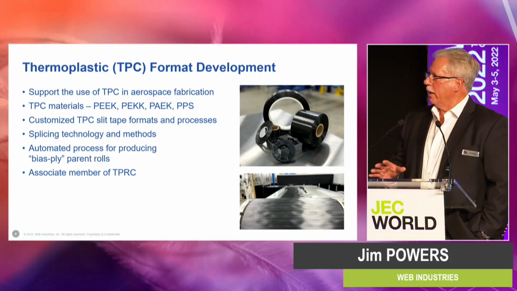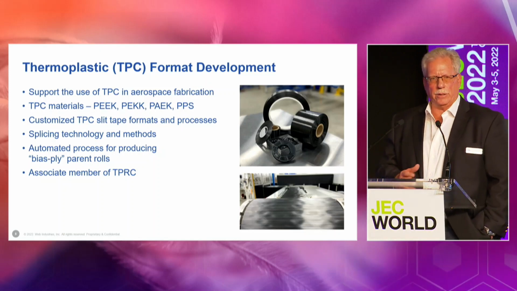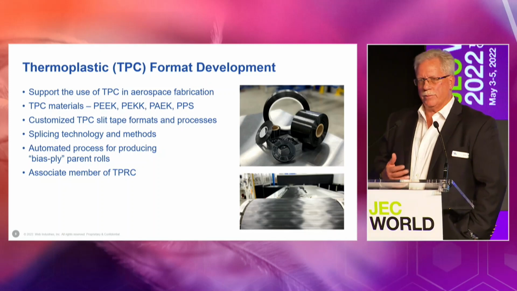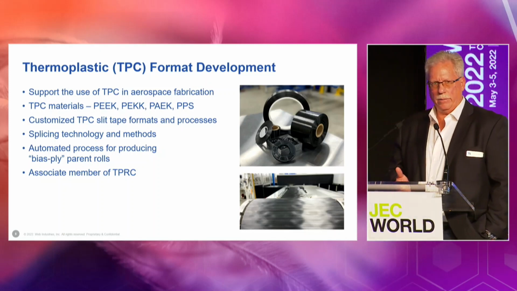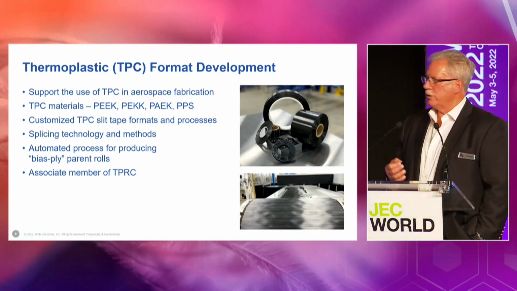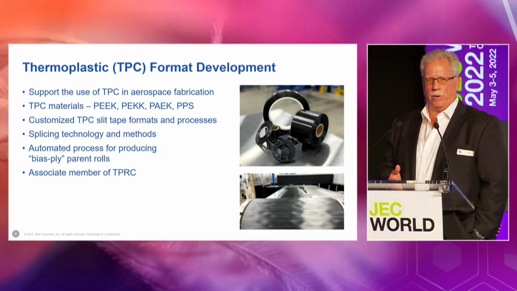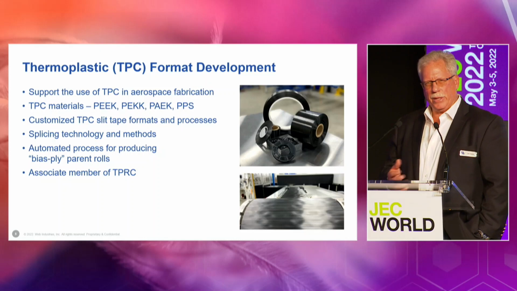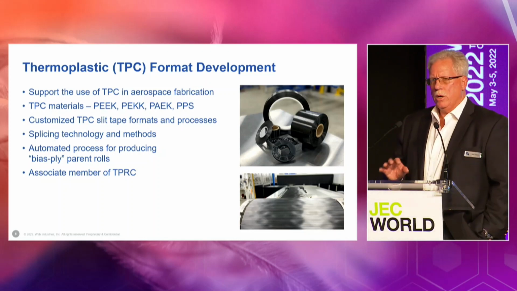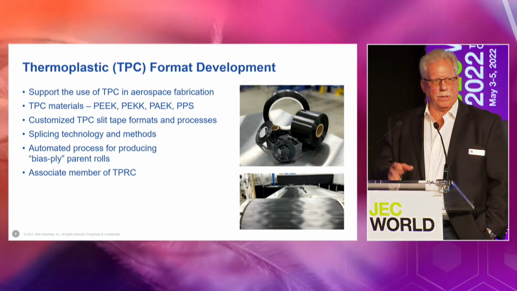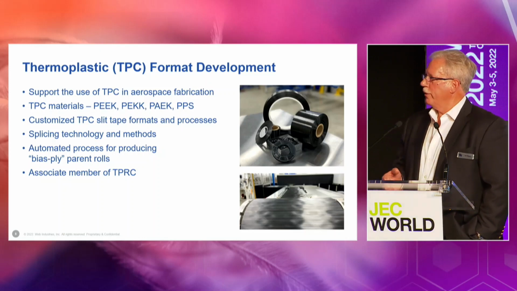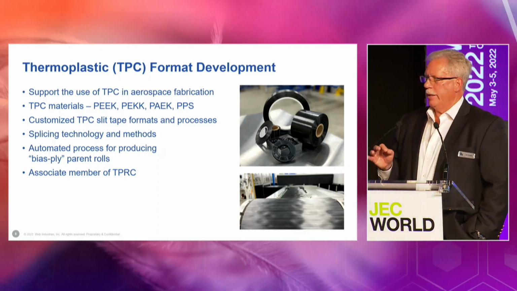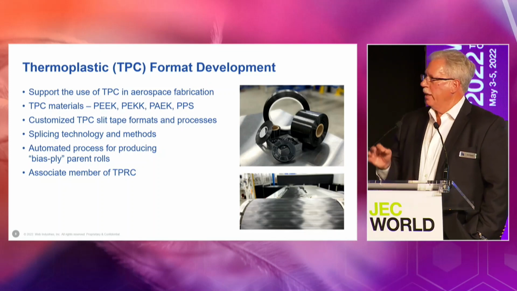And from that, we want to be able to utilize the existing materials that are out there. The list is relatively short, but the materials are made by a few manufacturers, and they're really the high temperature materials that we focus on, the PEEK, the PEKK, PEK, and PPS. There's some PEI that we may mess around with, but realistically, these are the materials that we're seeing being used in aerospace. They're approved. There are specifications written for them, and there's a lot of development work going on.